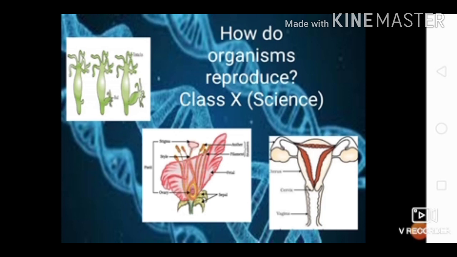So now, you might have thought, and various answers might have come to your mind. But the next main important thing is that they reproduce to continue their race. If the organisms would not have reproduced, how would we have been able to see such species?